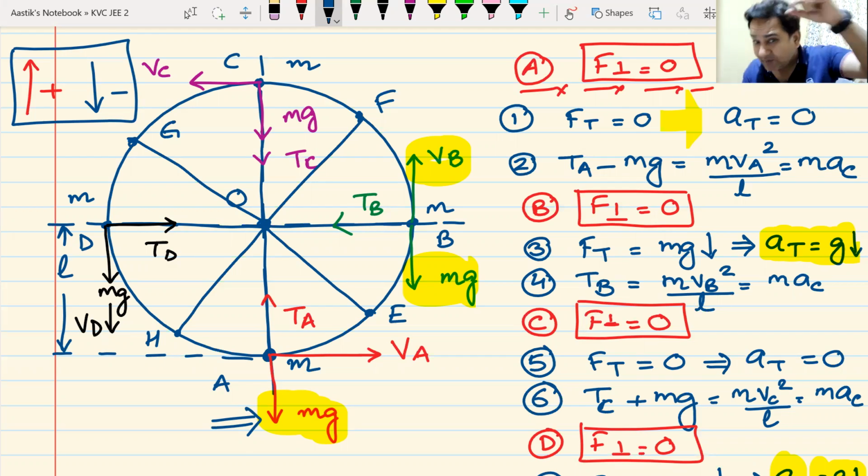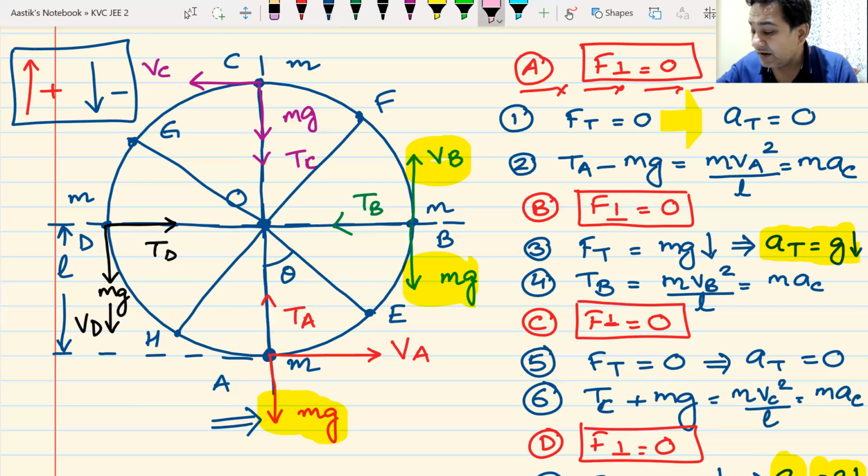Now, once you have this point E, you must know the location of this point. Now, how do I tell you the location of this point? I will tell you in terms of this angle theta. Now, remember, in vertical circular motion, whenever any angle is given, it is always given from the vertical.